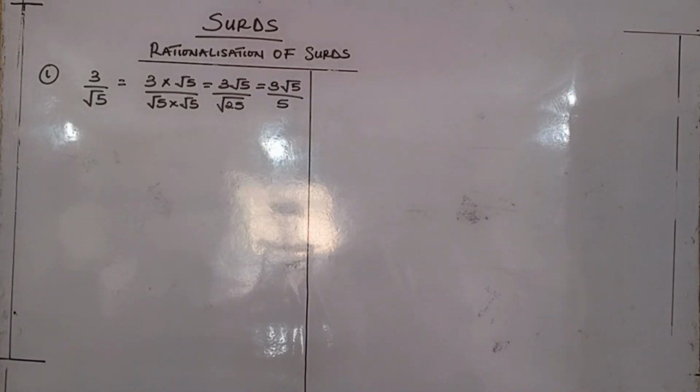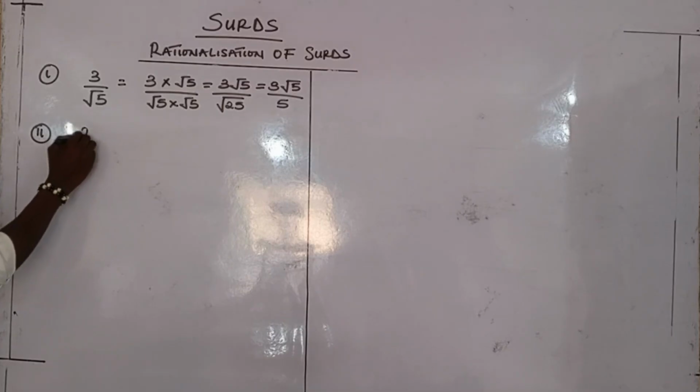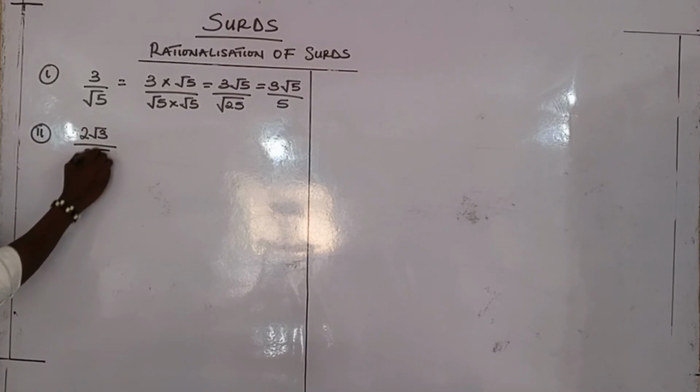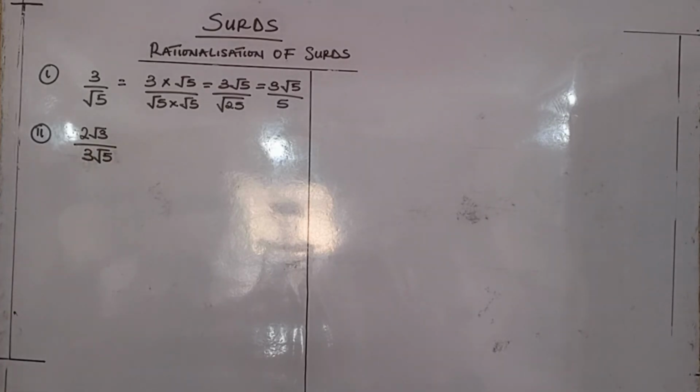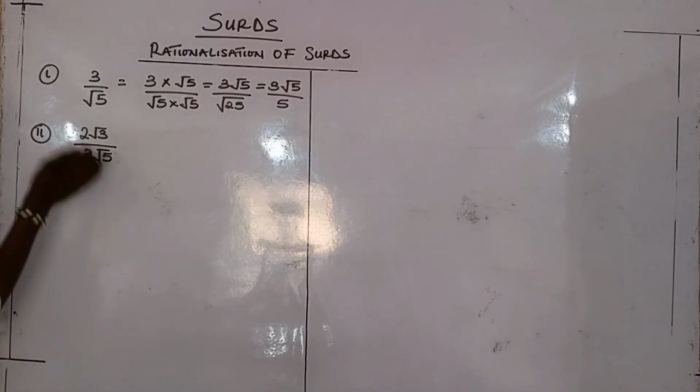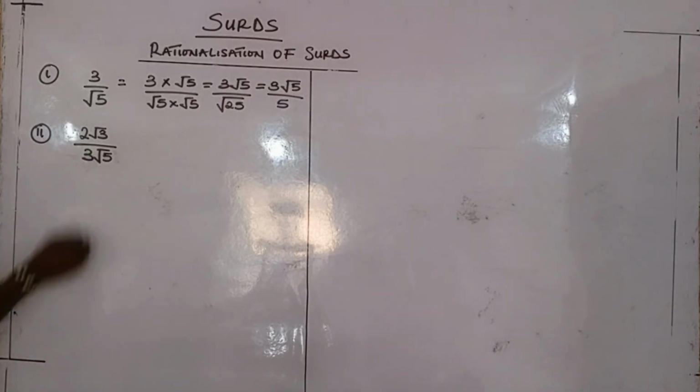which is 5. Now, in another case, let's say we have 2 root of 3 to be divided by 3 root of 5. What it simply means is you still have to multiply the numerator and the denominator by the denominator. That is what it means to rationalize.